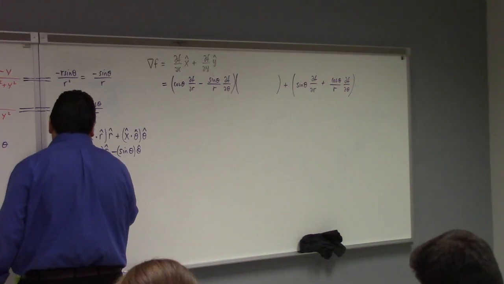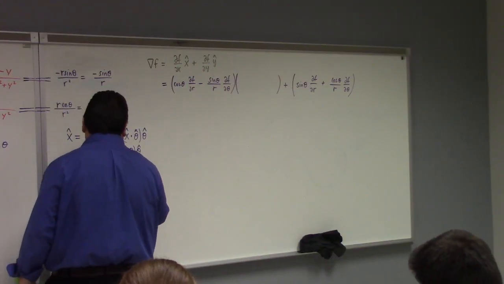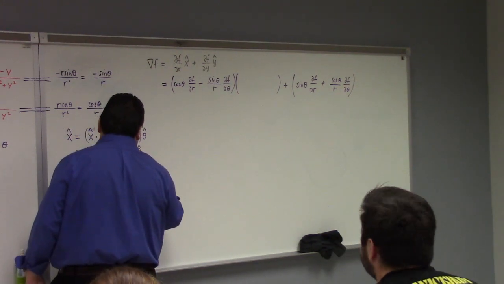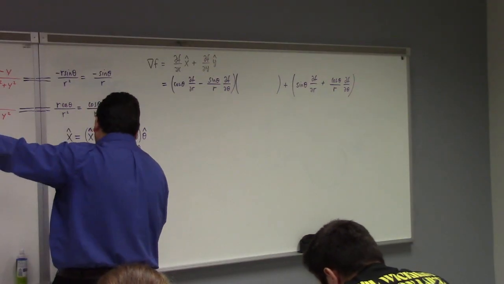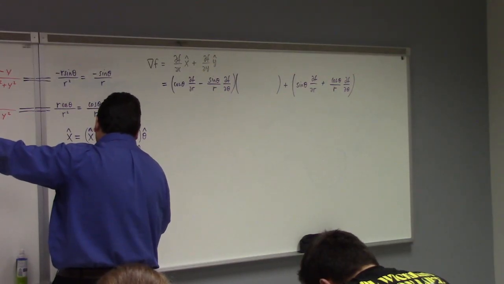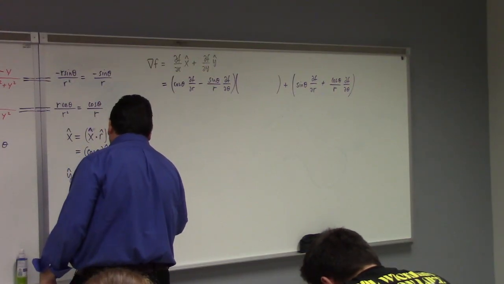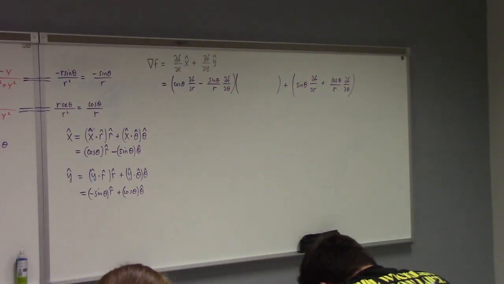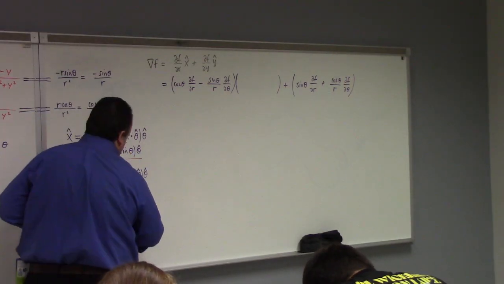And likewise, y hat we can write as y hat dot r hat r hat plus y hat dot theta hat theta hat, and that would give me minus sine theta r hat plus cosine theta theta hat. Now we're going to take those and replace x hat and y hat with the appropriate combinations of r hat and theta hat.